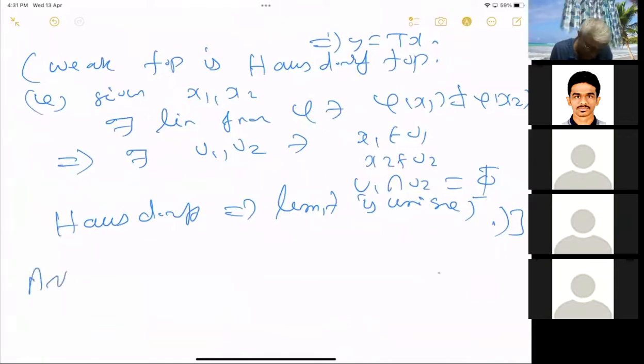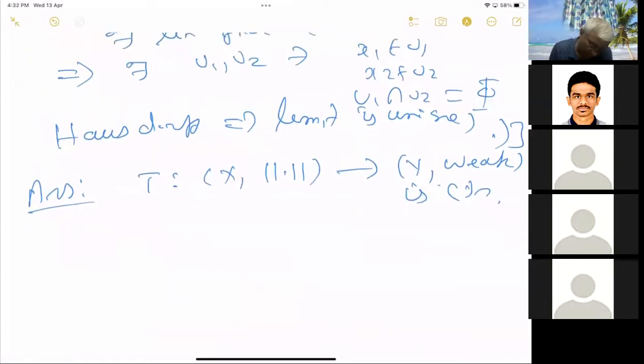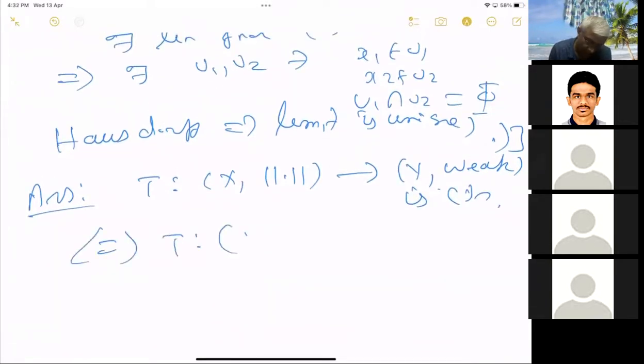So I give an assignment. That is, T from X with respect to the norm topology to Y with respect to weak is continuous, which is equivalent to T from X to Y with norm being continuous.